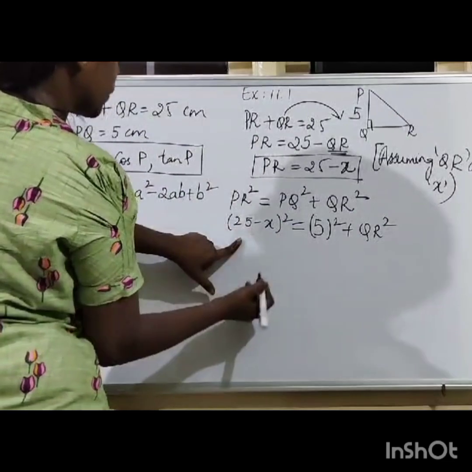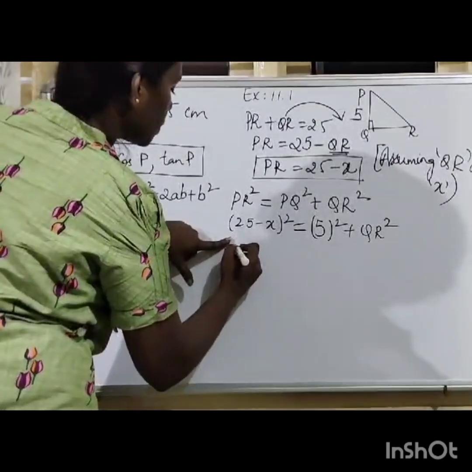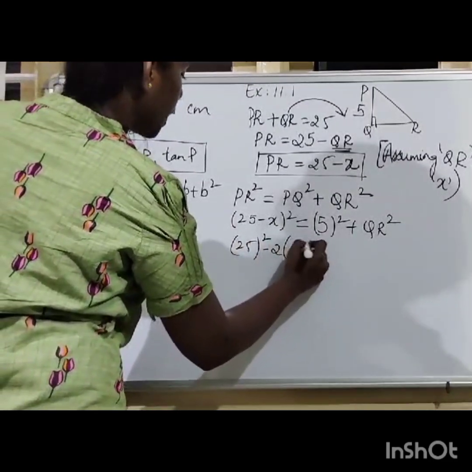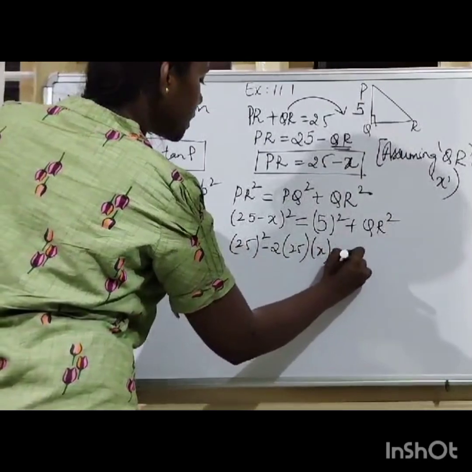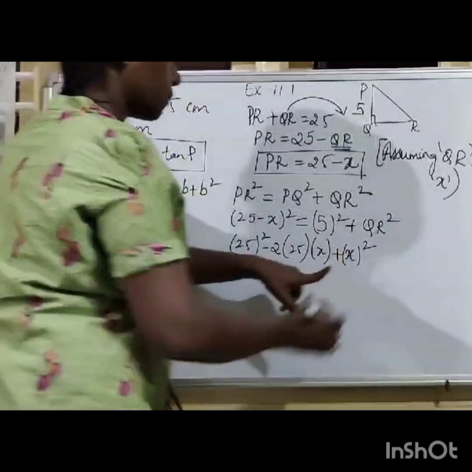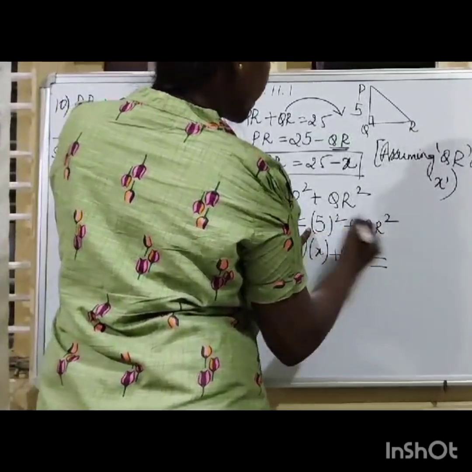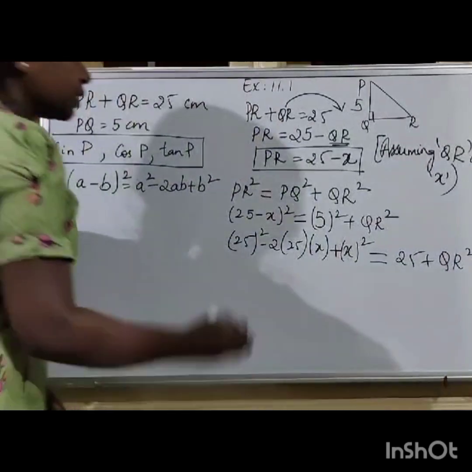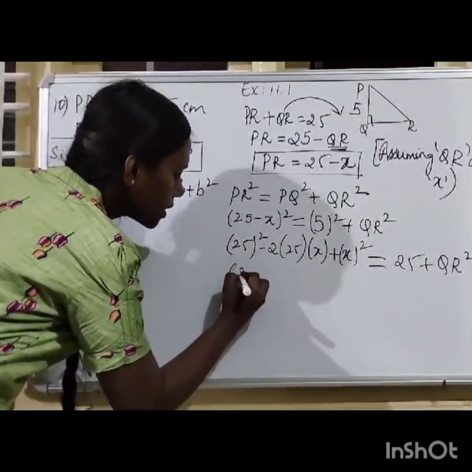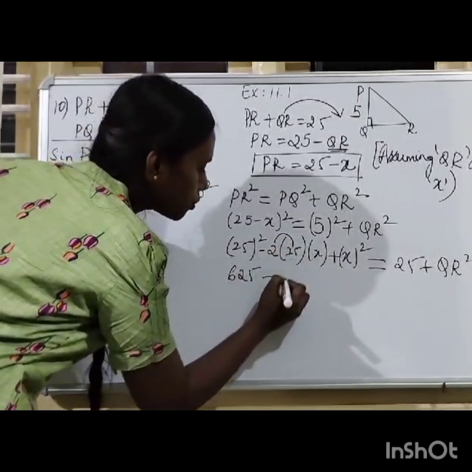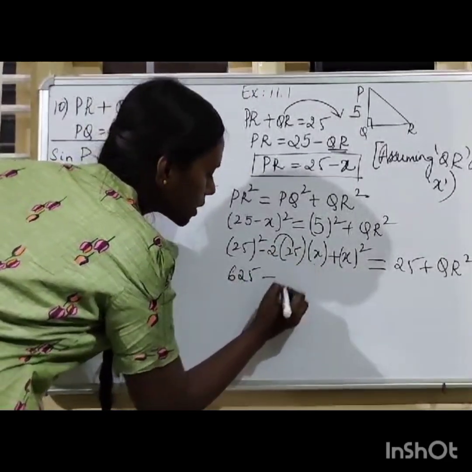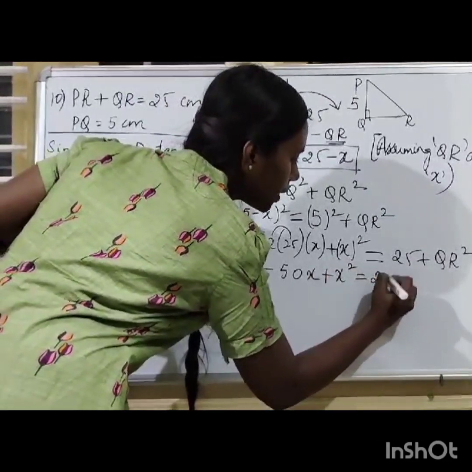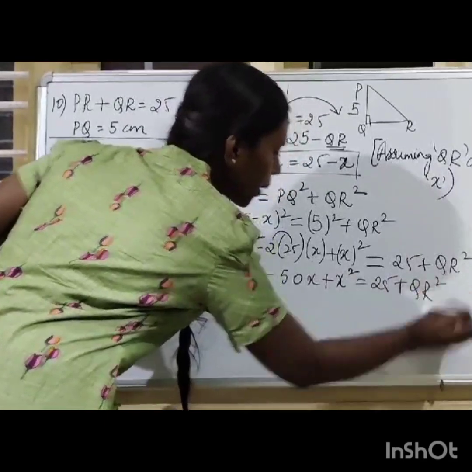So now a is 25, b is x. So 25 square minus 2 into a into b plus b square is equal to 5 square, which is 25, plus QR square. 25 the whole square is 625 minus 25 into 2 is 50, 50 into x is 50x, plus x square is equal to 25 plus QR square.